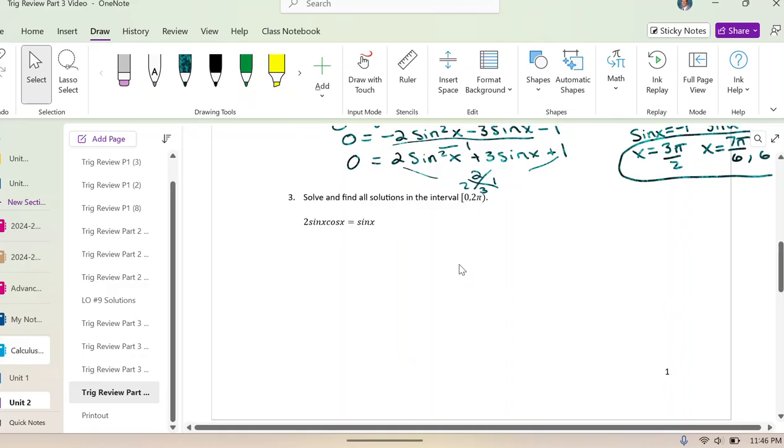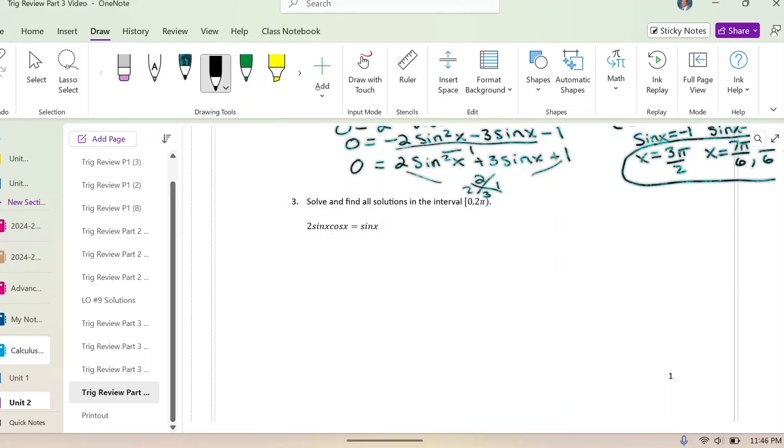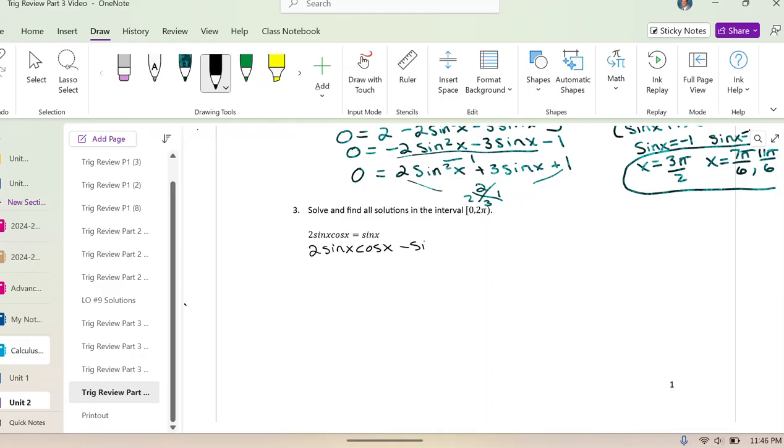Alright, so the next one, notice you have 2 trig functions, but if you move the sine x over, you get 2 sine x cosine x minus sine x equals 0. So now notice there's a common factor of sine x. And then you set each factor equal to 0.